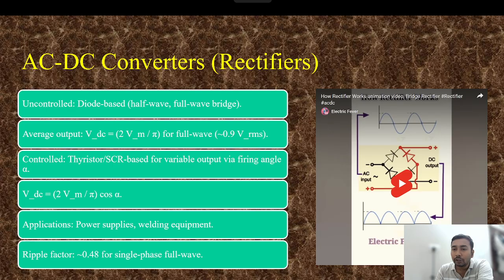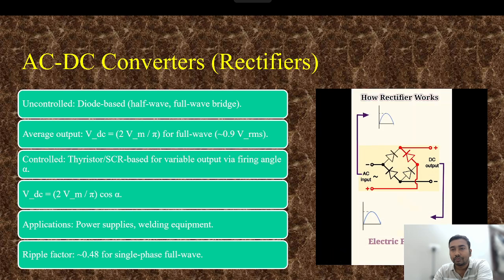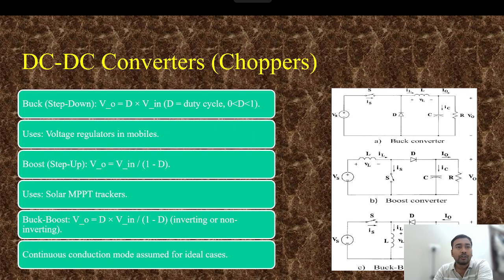And in a simple video you can see here how a single phase full bridge rectifier is working. So after watching this, we will go to DC to DC converters.